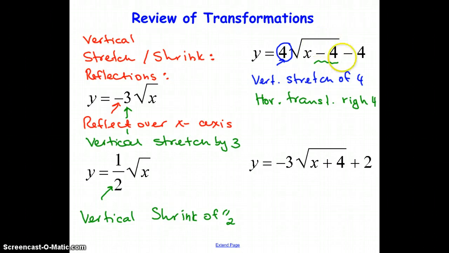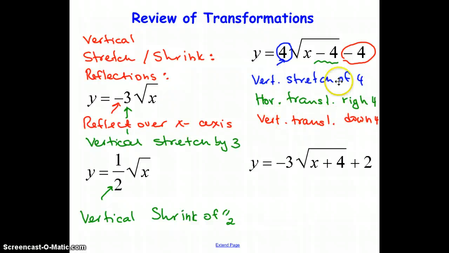And then we have our -4 here, which would be vertical because it's on the outside. So vertical translation down 4. And it's very important that when you start graphing, you actually follow this order of operations or translations to have the correct graph.